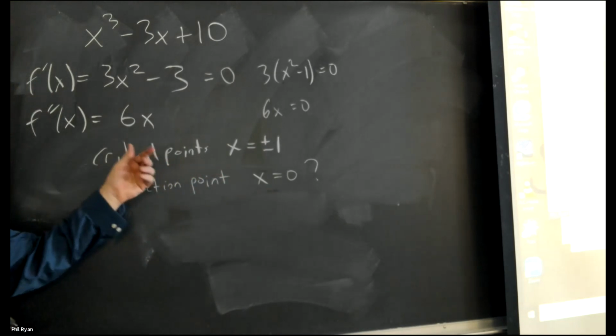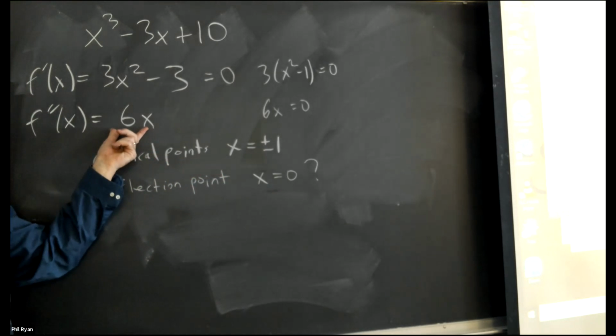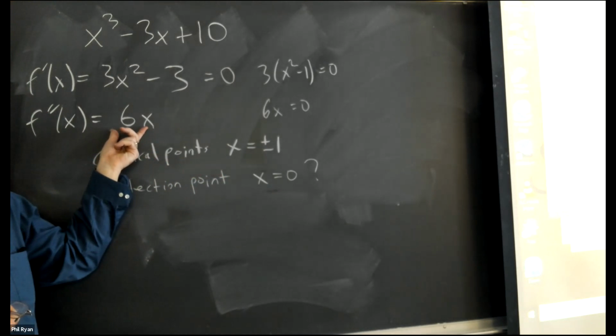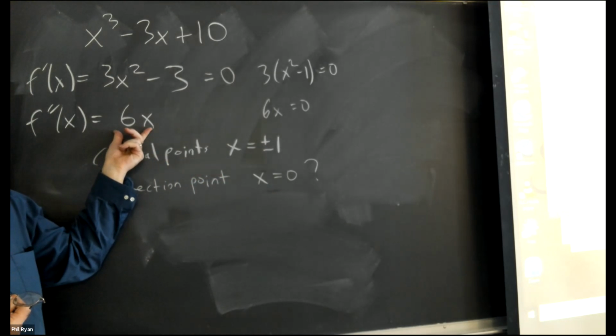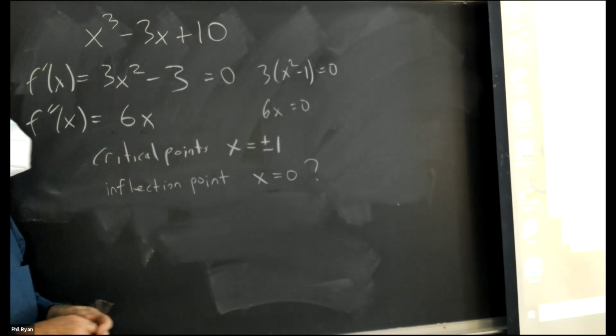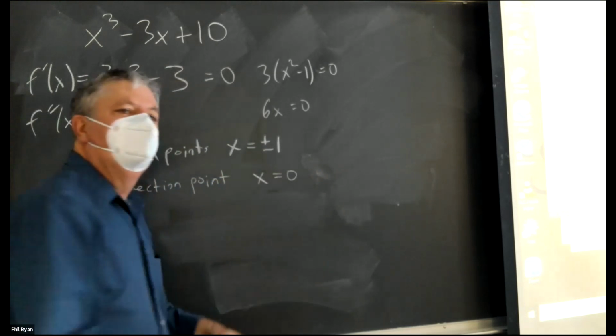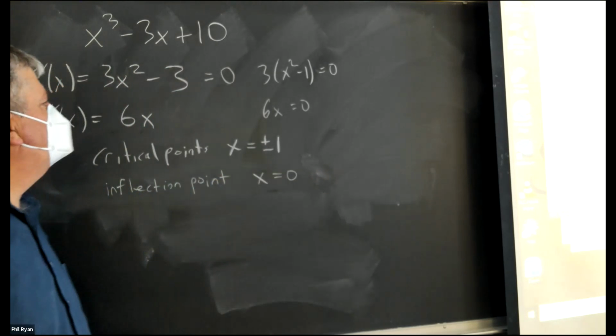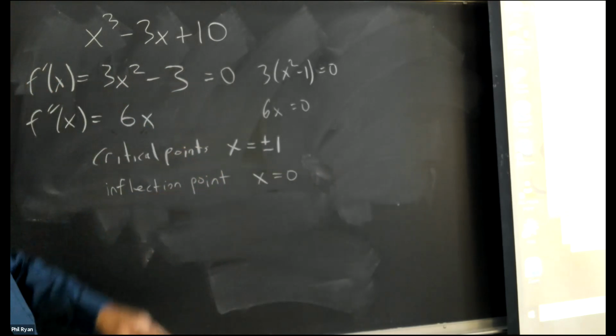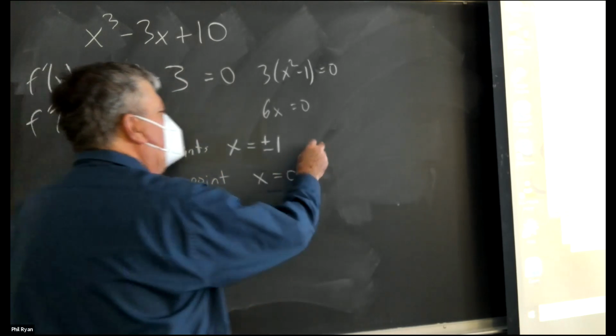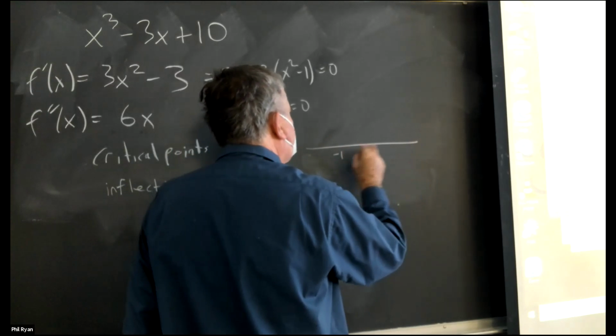But it's obvious concavity changes, because what is 6x when x is negative? What is it when x is positive? It goes from negative to positive, so it is an inflection point.